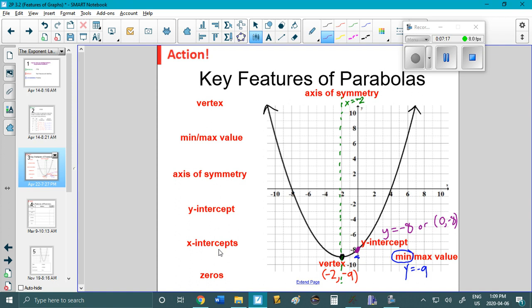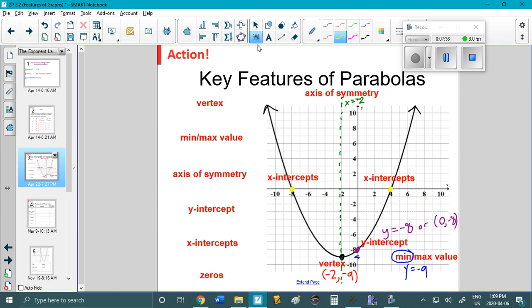Now the x-intercepts. You may be able to guess this on your own. The x-intercepts are where it crosses the x-axis. So we can see that it happens here, and it also happens here. So that's an x-intercept, and that's an x-intercept over here.